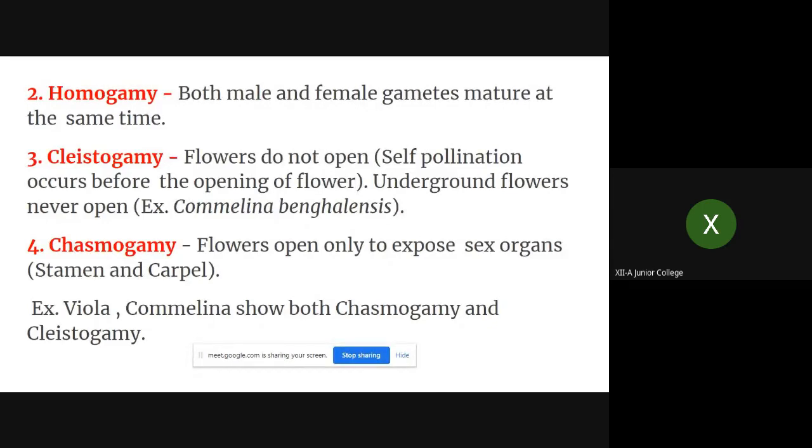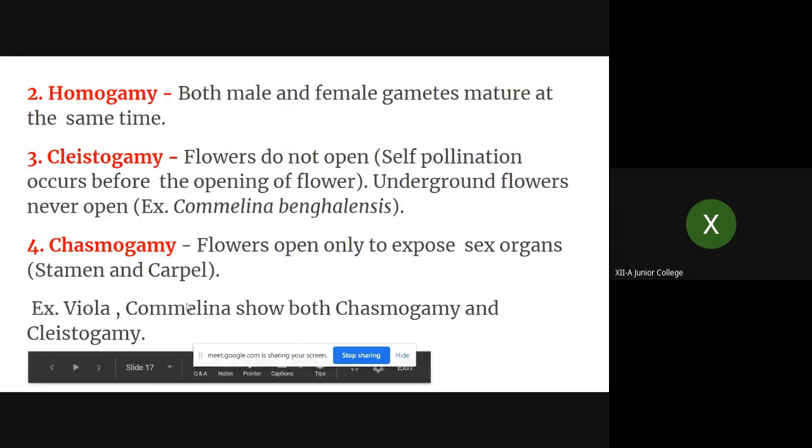The difference between cleistogamy and chasmogamy is very little. In cleistogamy, generally flowers don't open at all, or if they open, it is after the self-pollination. In chasmogamy, only after maturity and self-pollination are these sex organs exposed. That means they are open. The examples are viola and commelina.